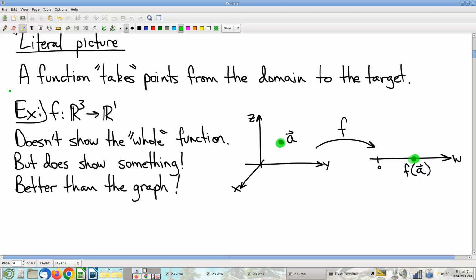Now, what possible use could I make of this picture? Here's one. I think this is a nice scenario. I've got an input point A. I've got an output point f of A. And one could imagine that maybe the thing that's at A takes off and starts moving with some velocity.